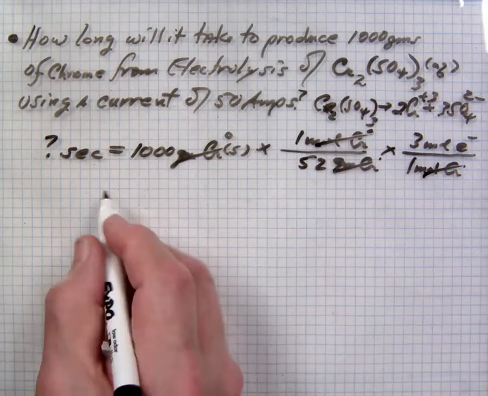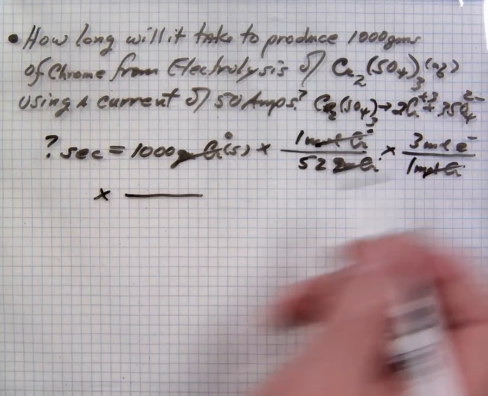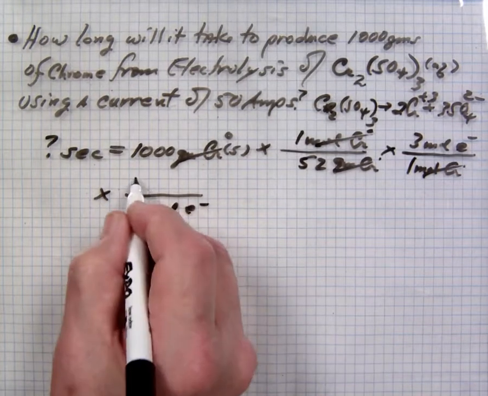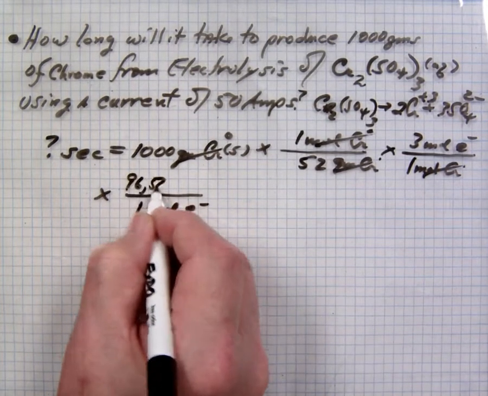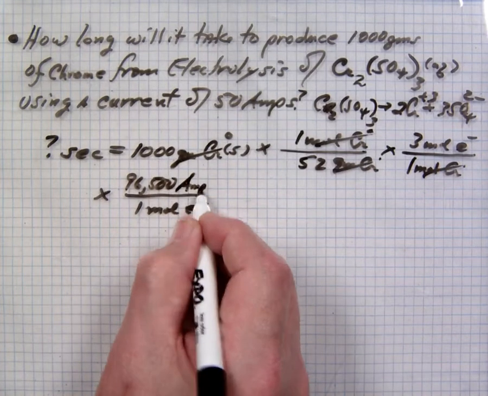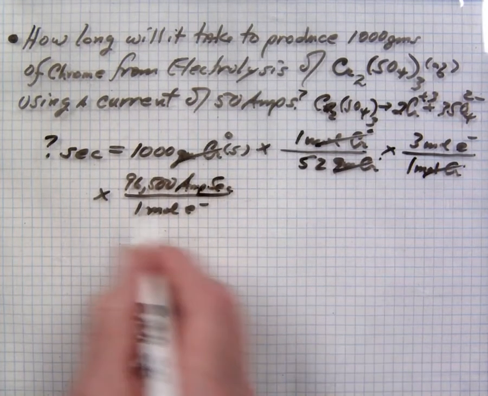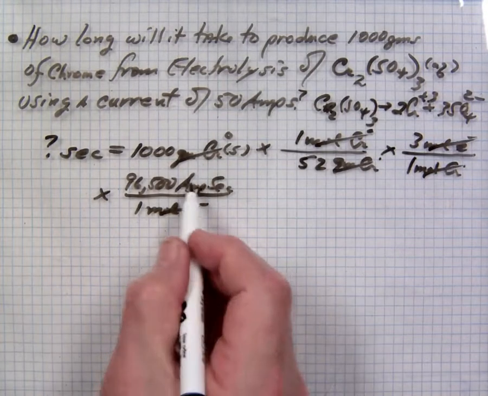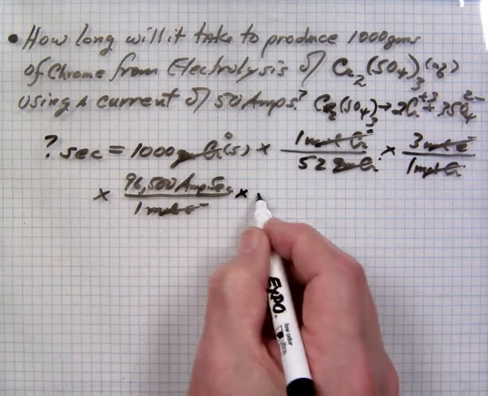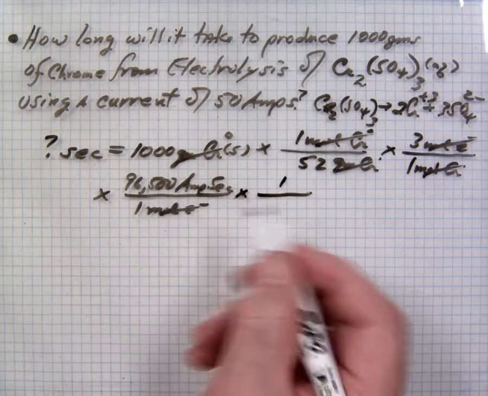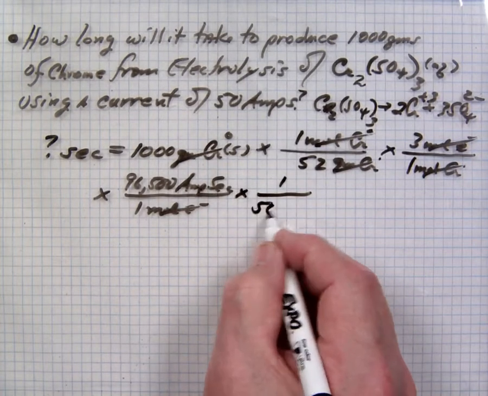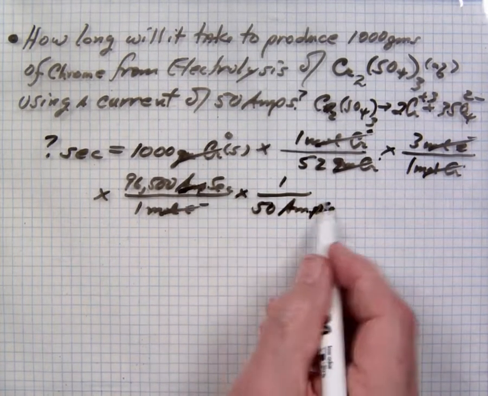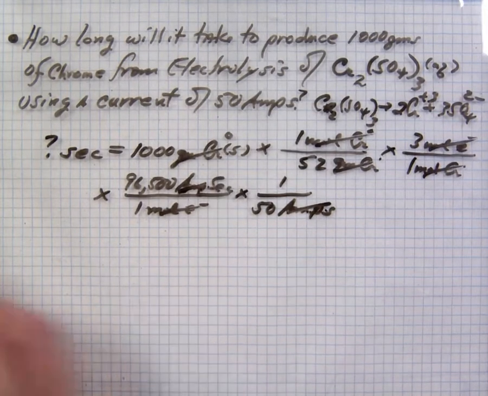Anyway, chrome drops out. Now we need to get rid of moles of electrons, so 1 mole of electrons is 96,500 amp seconds. So now the moles of electrons are gone. Now to get rid of amps, we just simply have to use the ratio, divide by 50 amps. And once that's out, all we have left is the seconds.